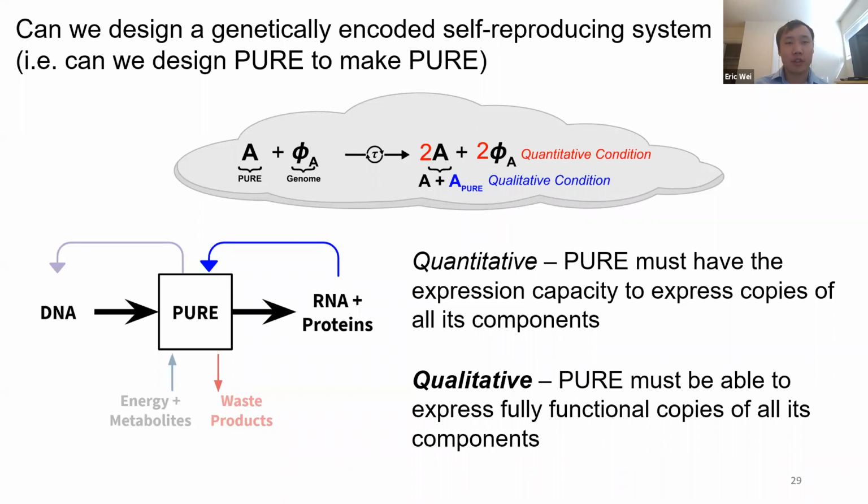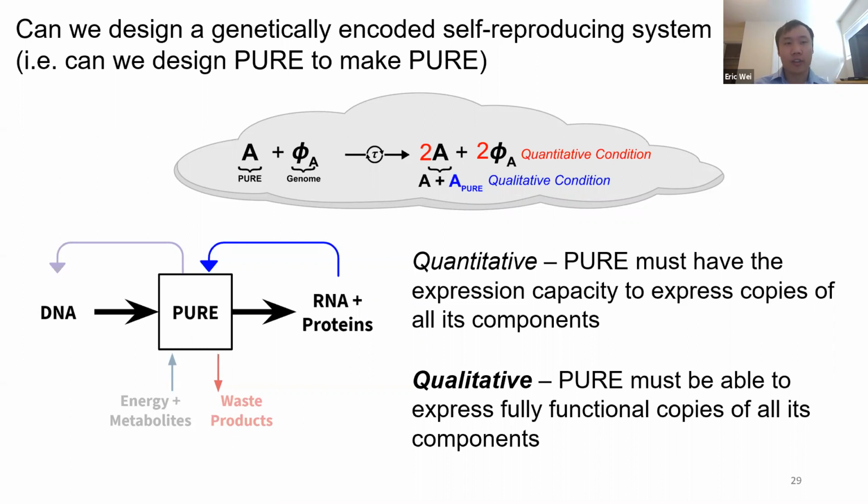So it has to fulfill this quantitative condition of making a copy sufficient to what it was, and also this qualitative condition that if you duplicate PURE, then we know that PURE itself, all of its enzymes and parts, can be functionally made in living cells that we then take and use as our cell-free system.